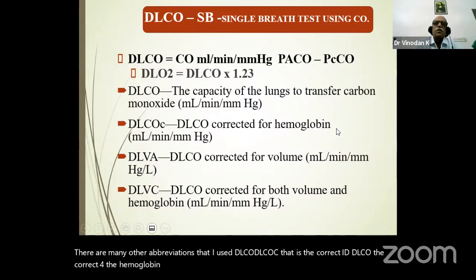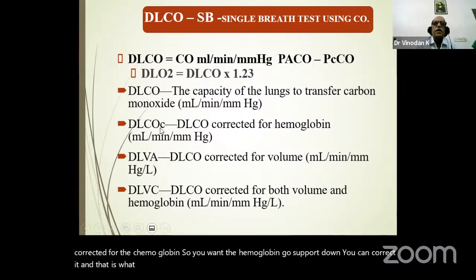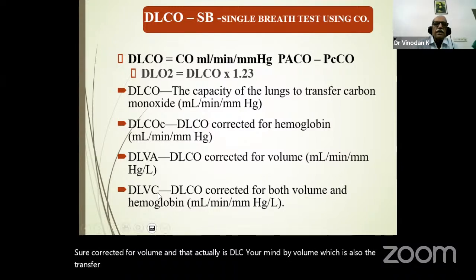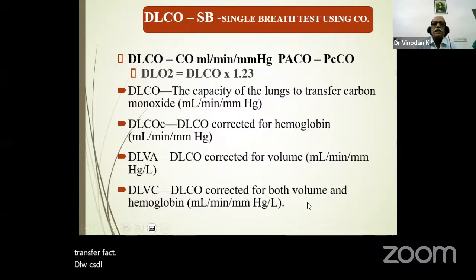So when the hemoglobin goes up or down, you can correct it, and that is what is expressed. DLVA is the DLCO corrected for volume, that is DLCO by volume, which is also the transfer coefficient. DLVC is the DLCO corrected for both volume as well as hemoglobin.